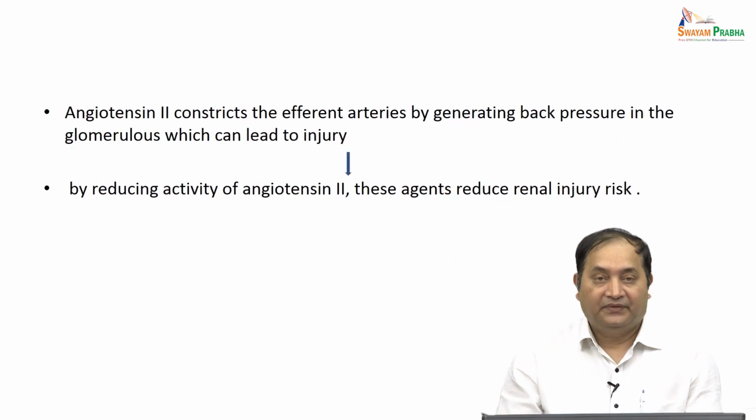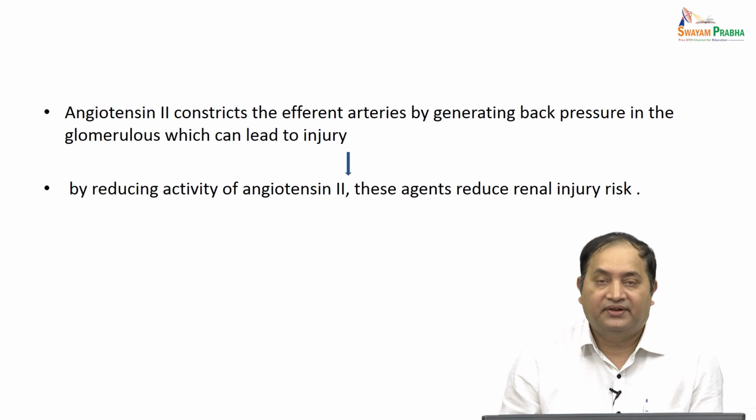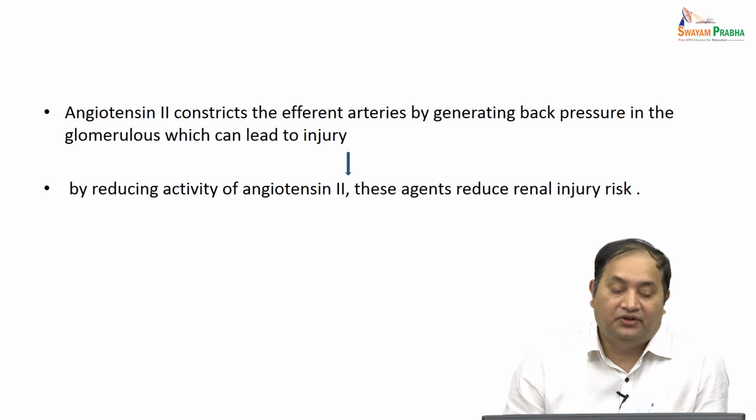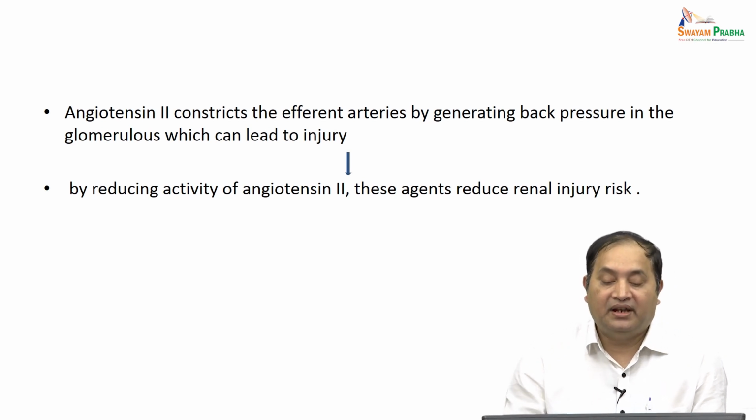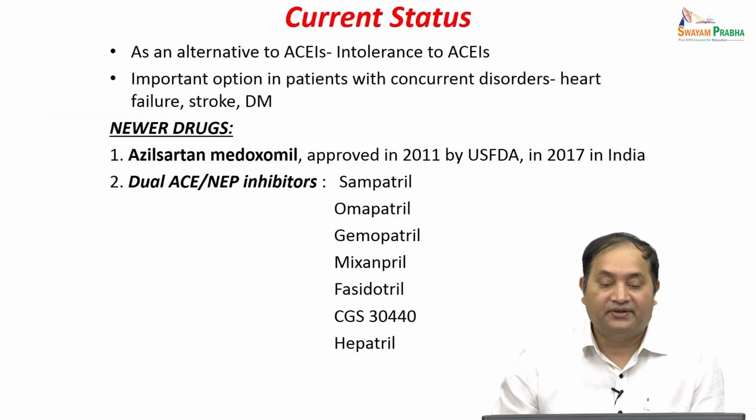Second thing is angiotensin II constricts the efferent arteriole, generating back pressure in the glomeruli, and it can lead to injury. So, by reducing angiotensin II, this should reduce the renal injury or risks.